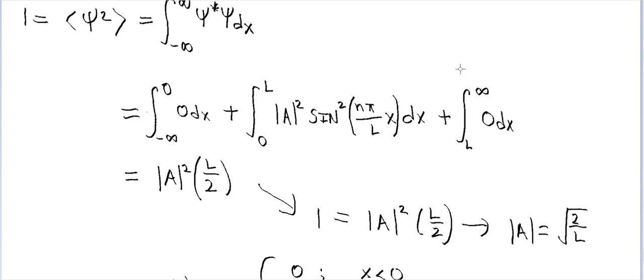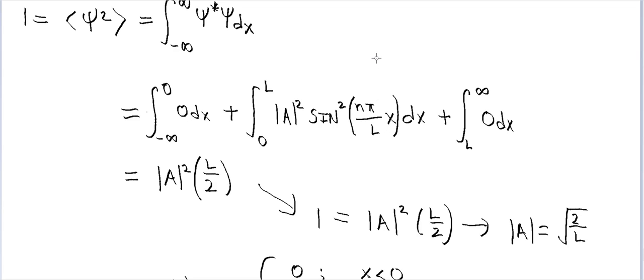That's the second region. And then we also have to worry about from L to infinity, again where psi 3 is also 0. So the first term and the last term both add up to 0. I'd like a to be a constant, so a squared can just come out of the integral. And so what we get is the integral of sine squared n pi x over L dx.